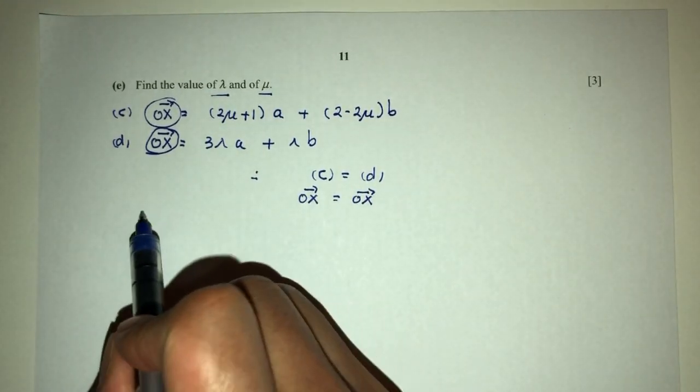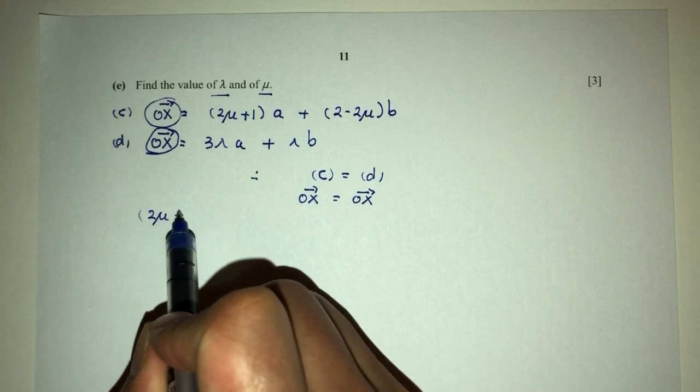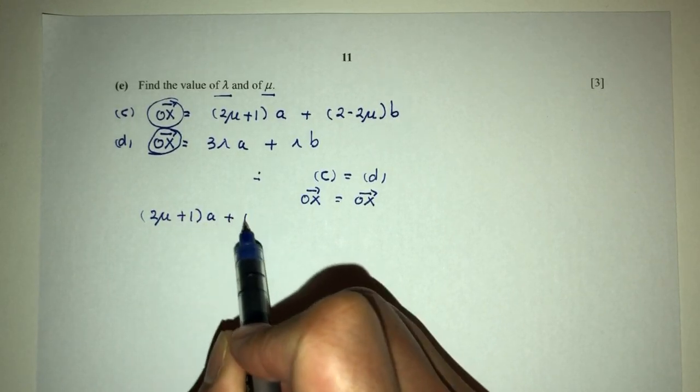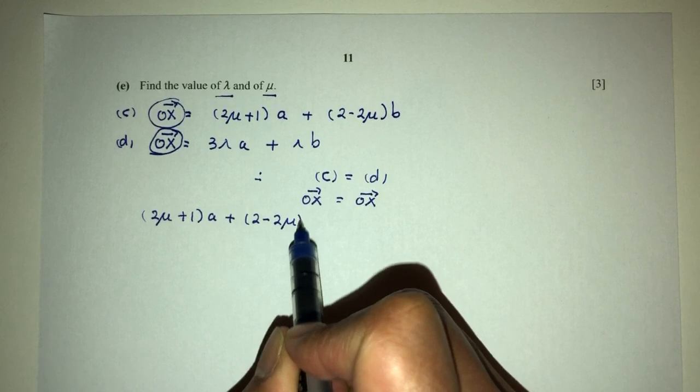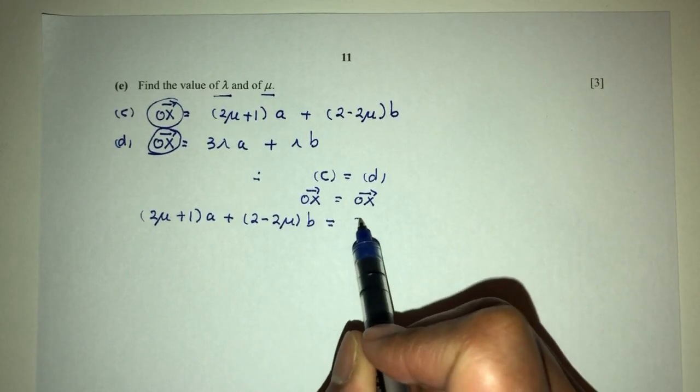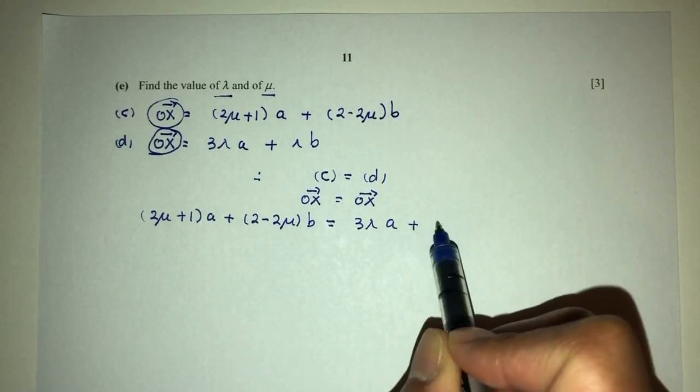So replace, I will have 2 mu plus 1 A plus 2 minus 2 mu B should be 3 lambda A plus lambda B.